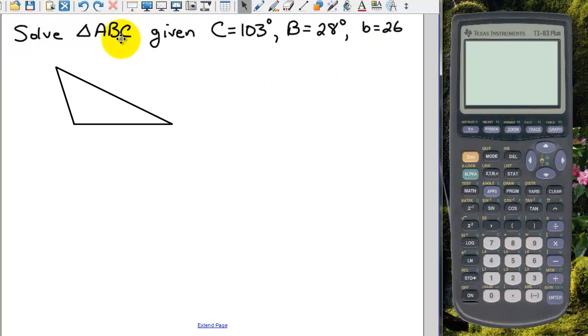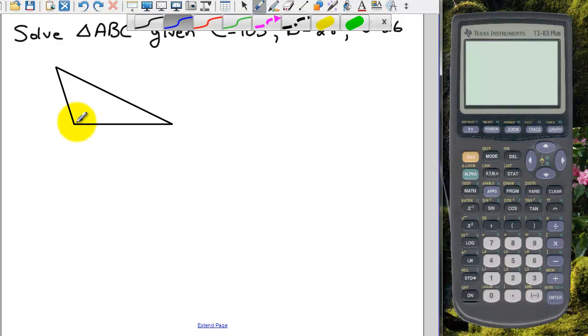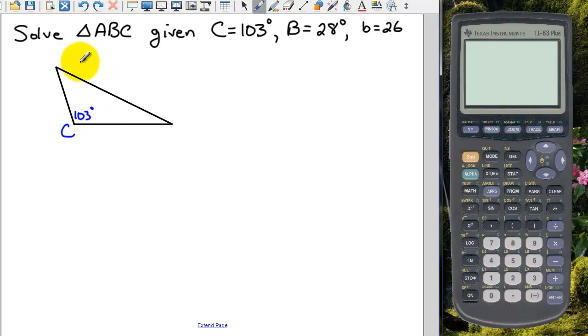So we're given this information, triangle ABC, and I made a triangle here. Let's label our sides and angles. C is an obtuse angle, 103, so we'll put C here. In this case it is the biggest angle, but as I said, for triangle problems that won't always be the case.